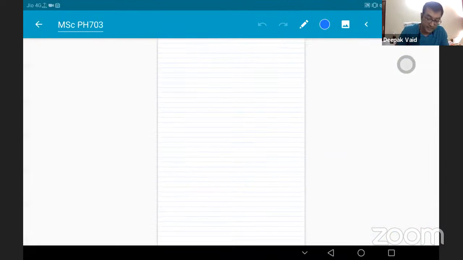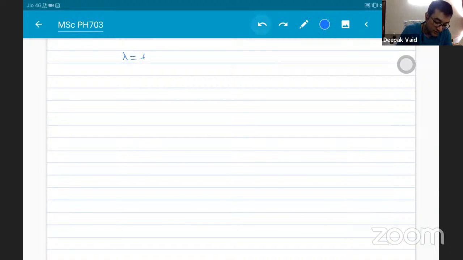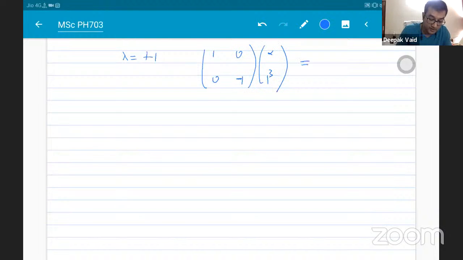What about our eigenvectors? We don't know what our eigenvectors are, but we can easily guess them now. We have an eigenvector for lambda is equal to plus 1. And that means that if I take this matrix multiplied by alpha beta, I should get, with lambda equal to plus 1, just plus 1 over here, and I should get alpha beta.